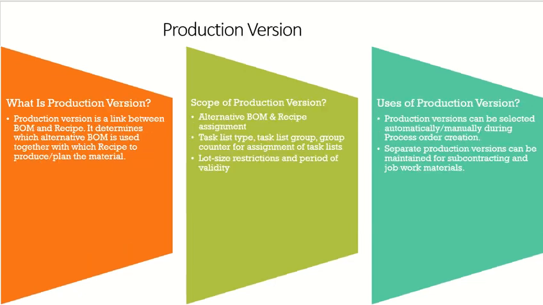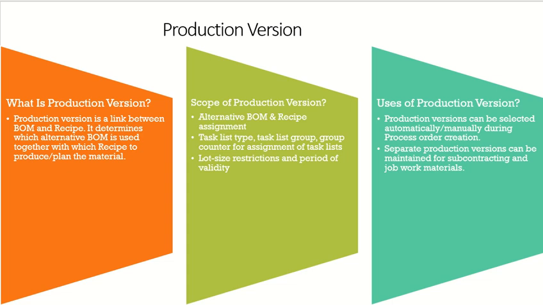After that we come to another master data, that is production version. So what is production version? Production version is a link between BOM and recipe. It determines which alternative BOM is used together with which recipe or plan of the material.